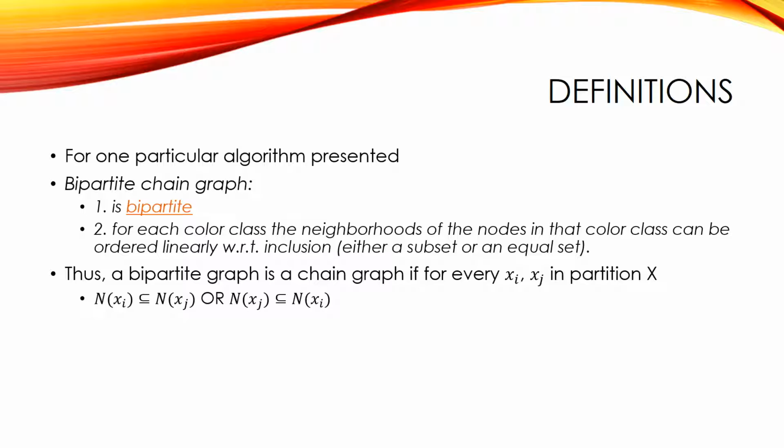They're either subsets or equal sets. In particular, a bipartite graph is a chain graph if for every i and j, x sub i and x sub j have neighborhoods that are subsets one of the other. So either the neighborhood of x sub i is a subset of the neighborhood of x sub j, or vice versa.